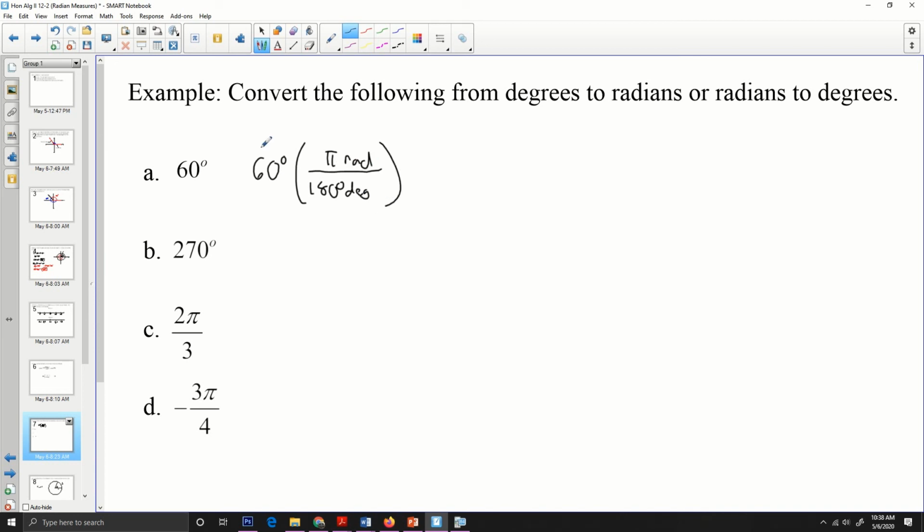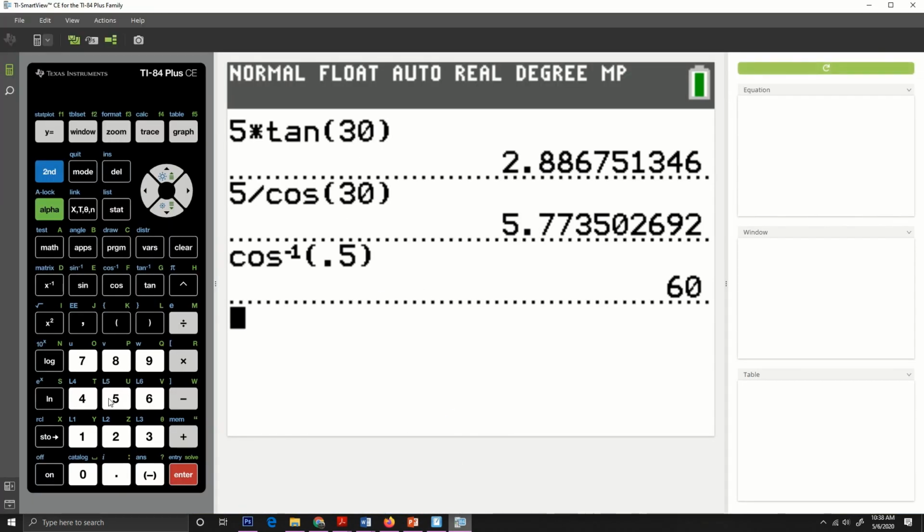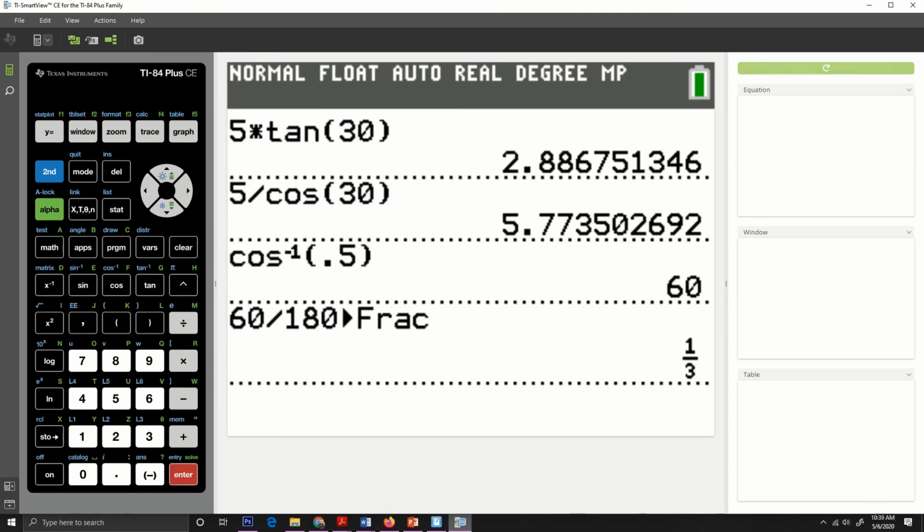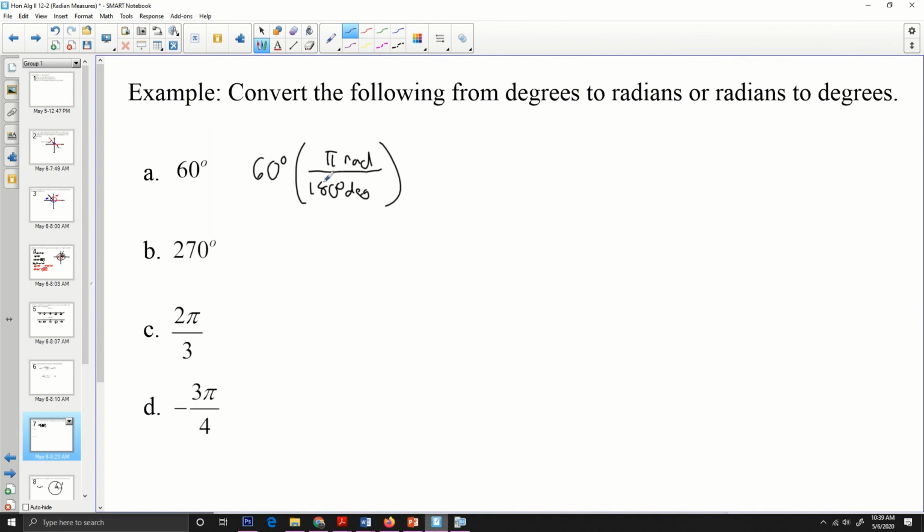Now, I don't want to simplify that, and we could do it in our head, but just to keep things easy, we could go to our graphing calculator and go 60 divided by 180, hit math, hit the fraction, and that'll reduce down to 1/3. So the 60 over 180 reduces down to 1/3. All I have left is this pi. So this literally becomes 1/3 times pi, or pi over 3 radians.